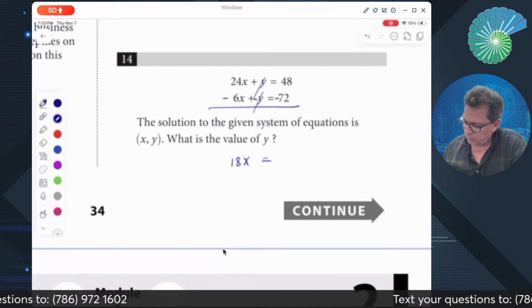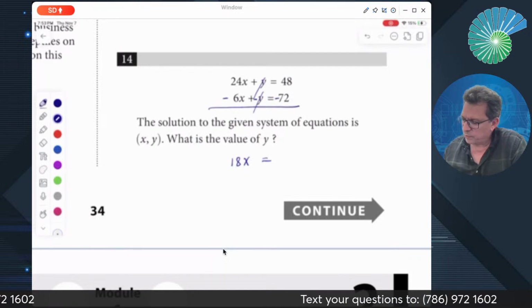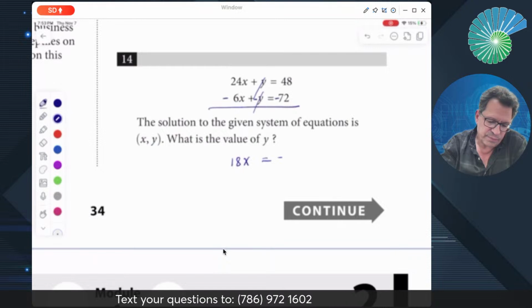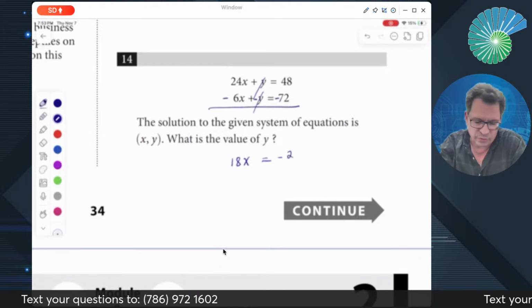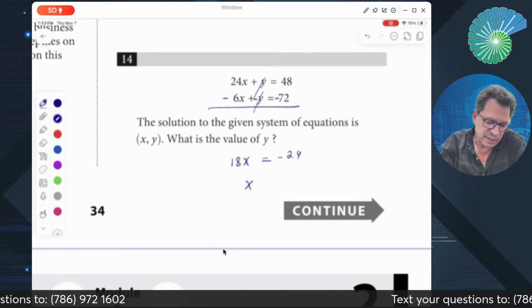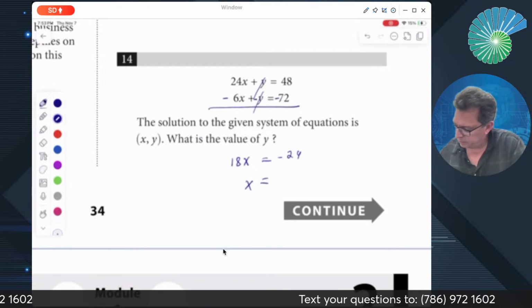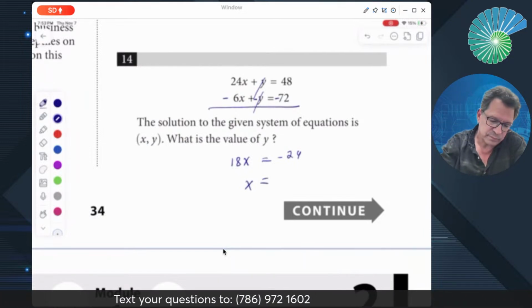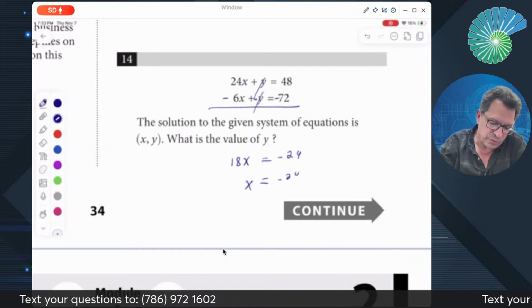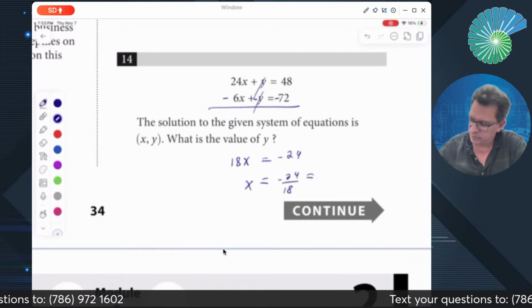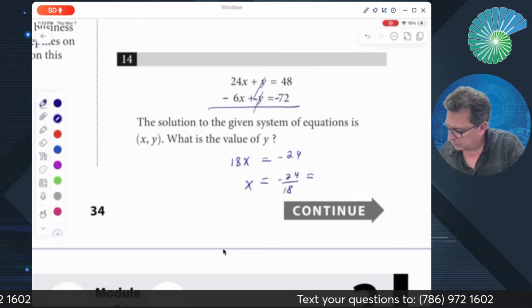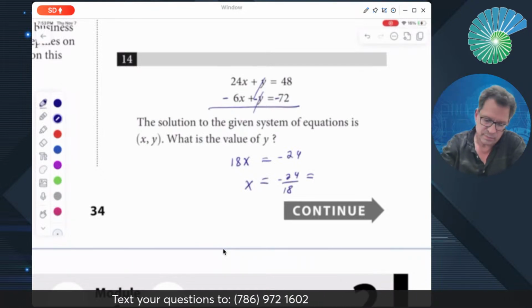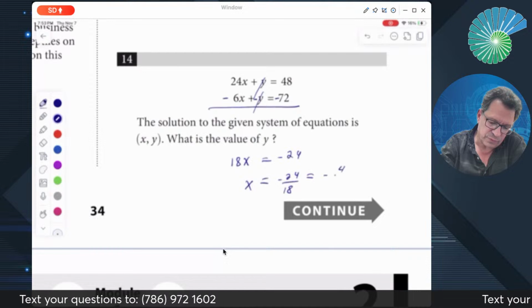Then 48 minus 72 is negative 24. And then x would be negative 24 over 18, which is negative 4 over 3.